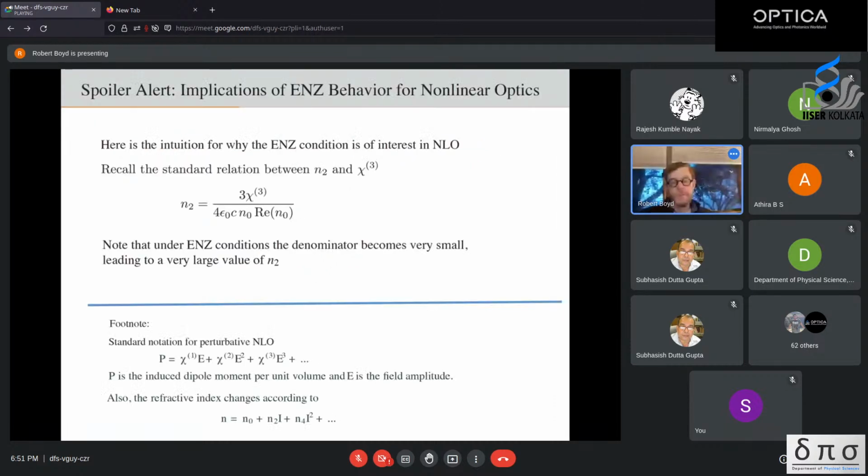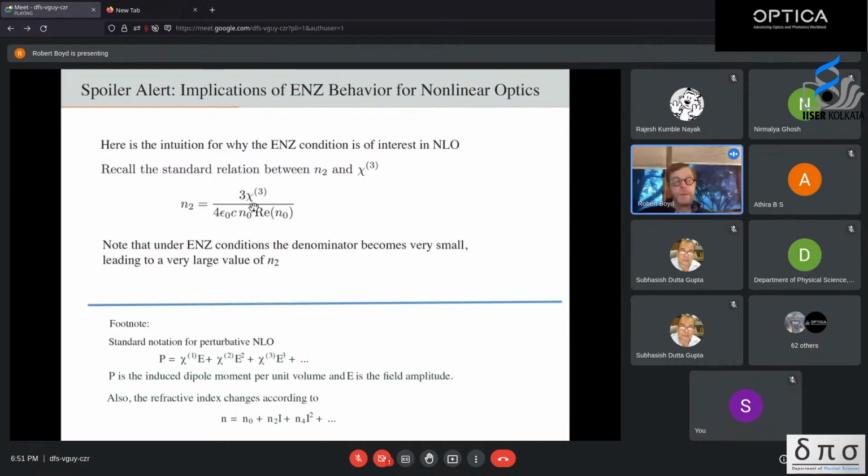So I call this a spoiler alert because I'm telling you where the talk is heading instead of just letting this build up to this conclusion. But here's the intuition for why the epsilon near zero condition is of interest in nonlinear optics. There are two standard ways of measuring a third order nonlinearity.